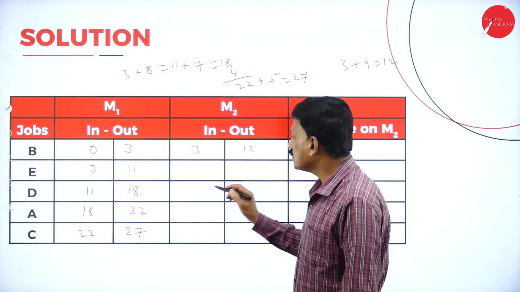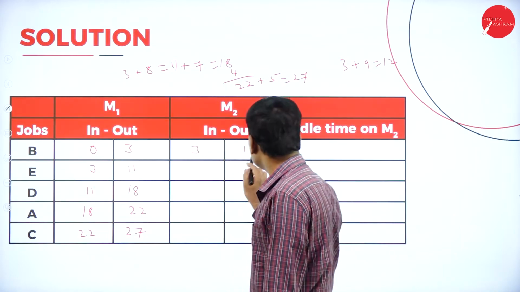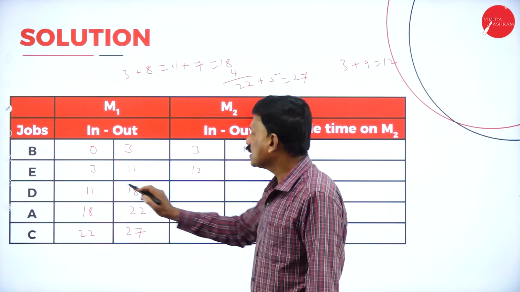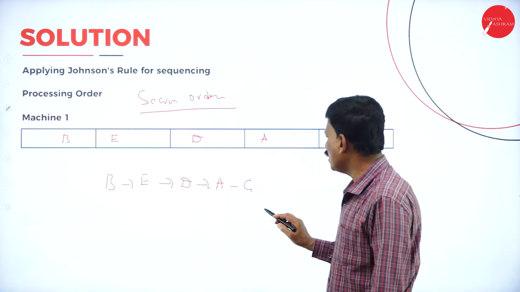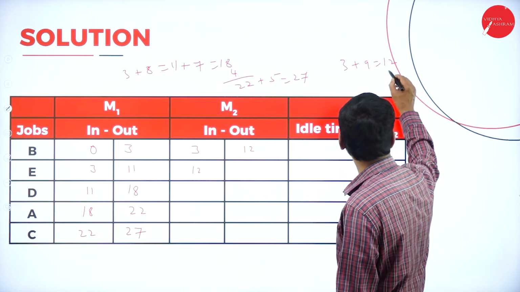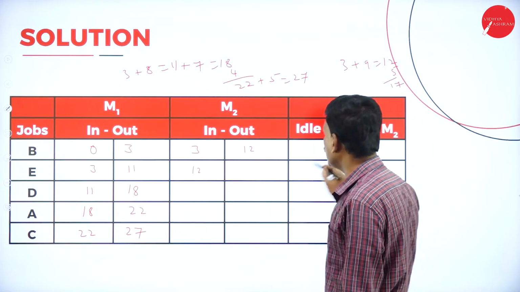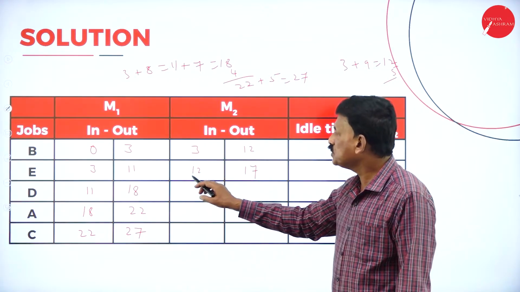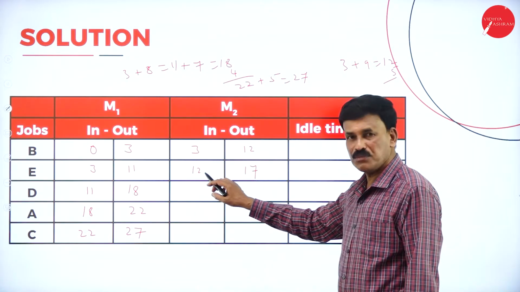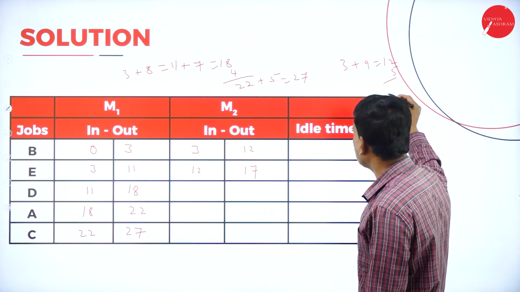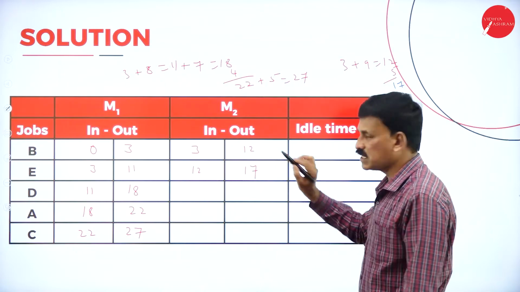Again for the job E, the in time for the machine will be 12 hours, and corresponding to E, find out the value. We have 5 hours, just add 5 here, this is equal to 17. The out time will be 17. So corresponding to E, the in time is 12, the out time is 12 plus 5, which is equal to 17 hours.